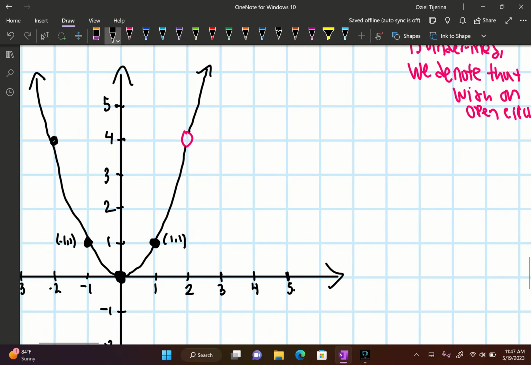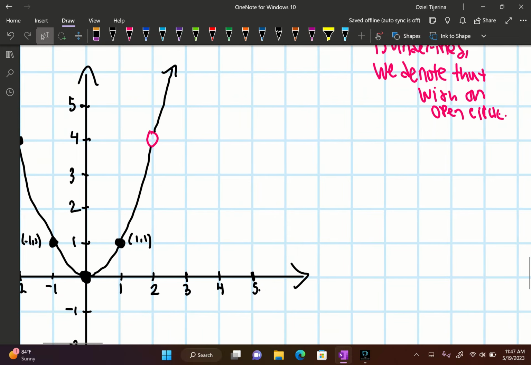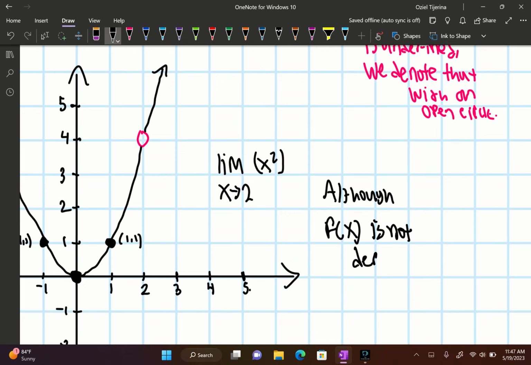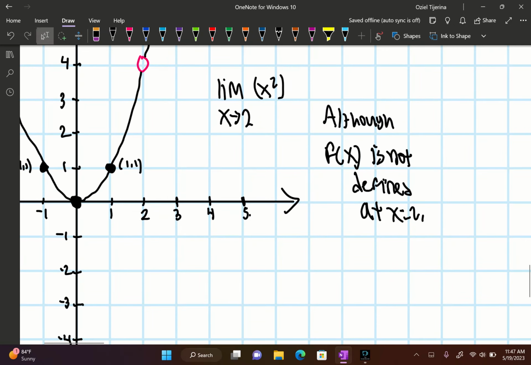Now, if we're going to talk about limits, if I say the limit as x approaches 2 of the function x squared, we know that although f of x is not defined at x equals 2, the limit still exists.